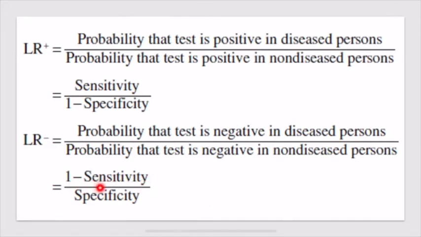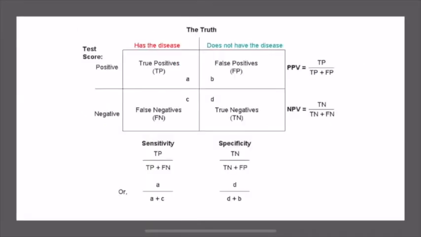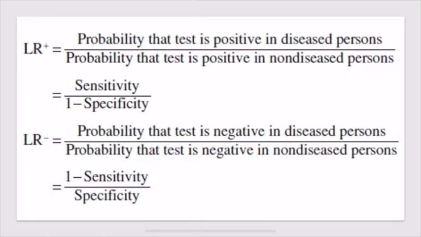Sensitivity being the true positives out of all the people with the disease. And then we're going to divide that by the specificity of the test. So again, how likely is it that a negative result means they don't have the disease? How likely is it that a positive result means they do have the disease? Okay, that's how you're going to use those.